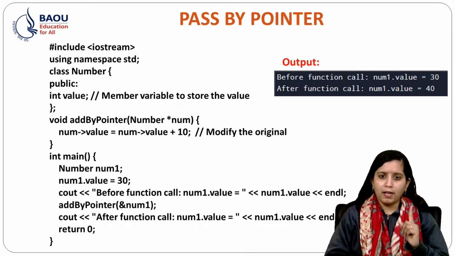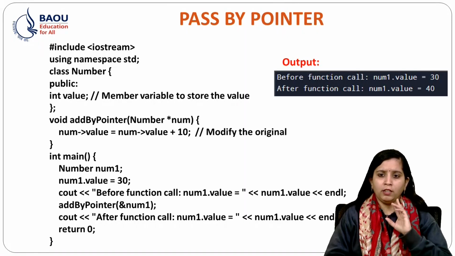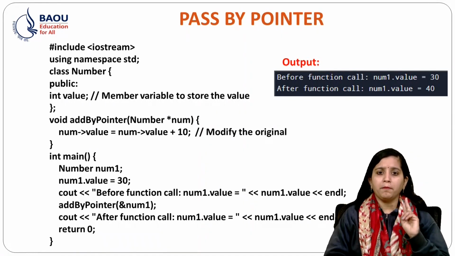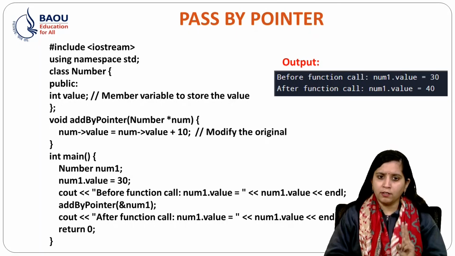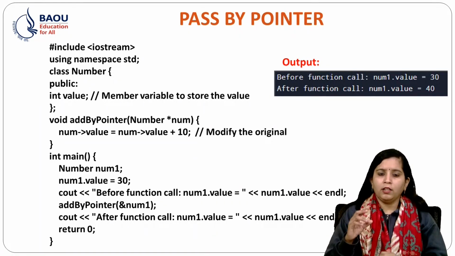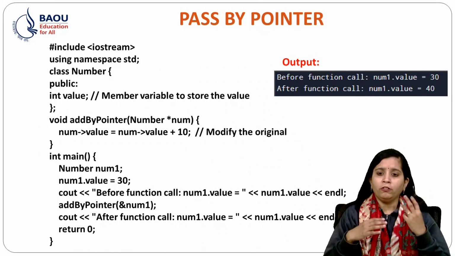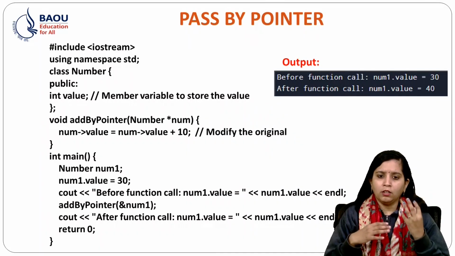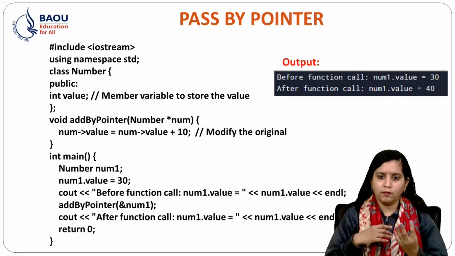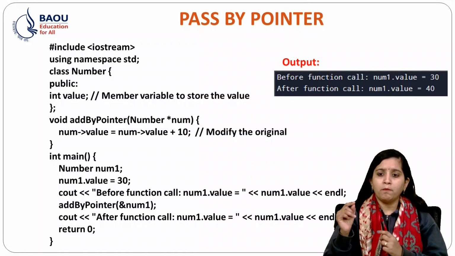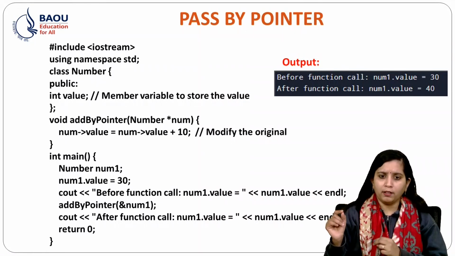In pass by value, the values do not change in int main. In pass by reference, using the referencing operator, the value of num will change. And in pointer, we are using the pointing operator, that is the asterisk operator.